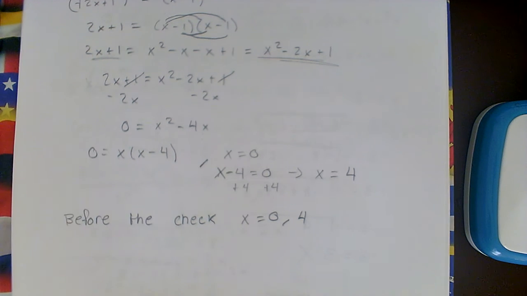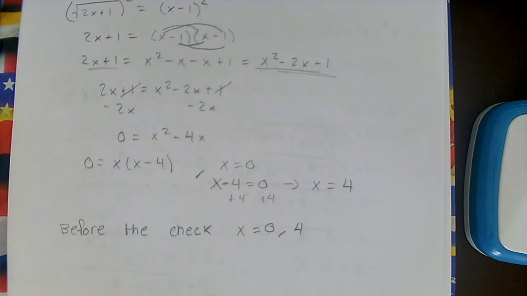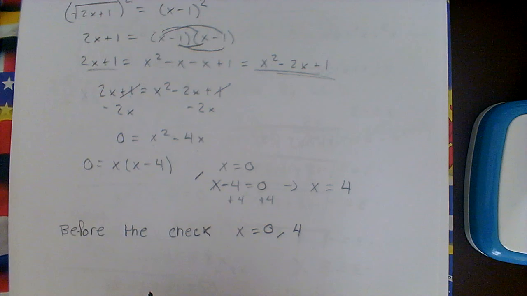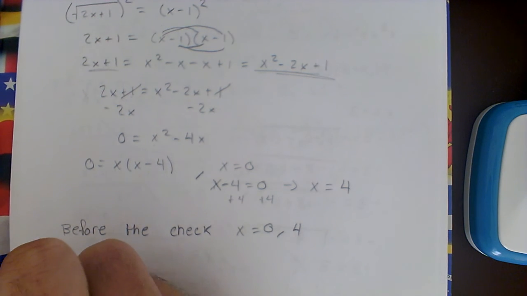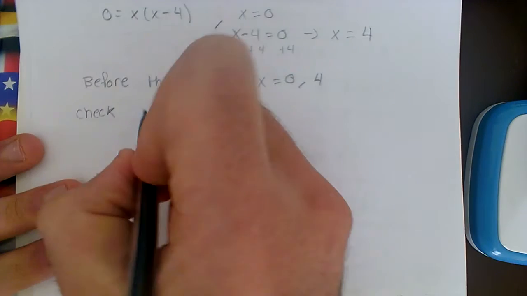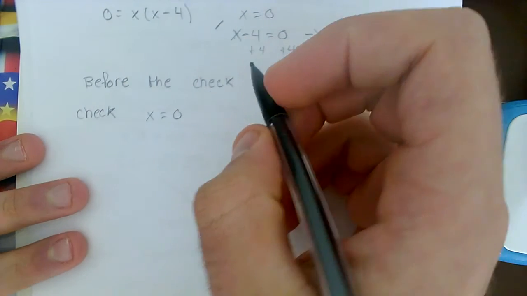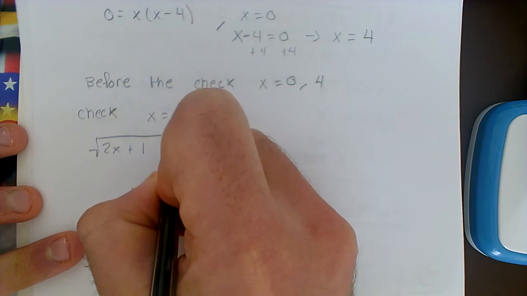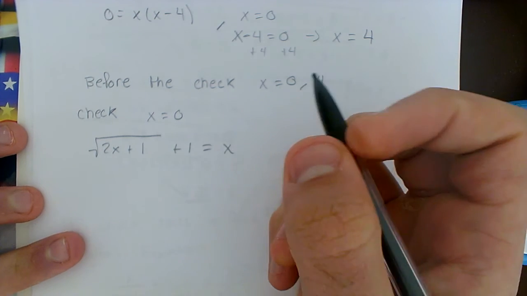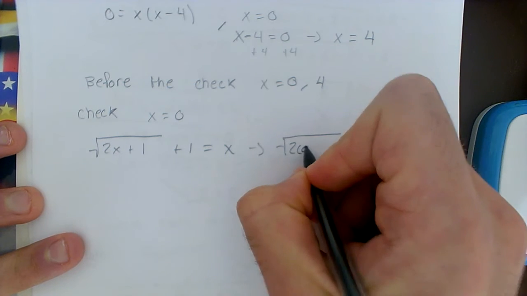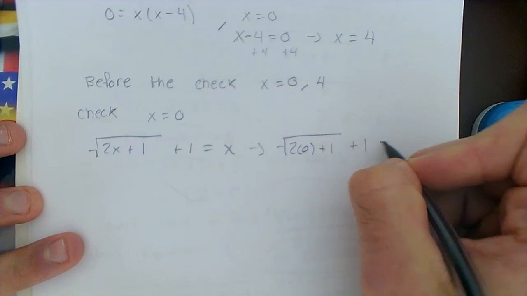Now we have to check them to see if they would actually work in our original equation, to make sure they are not extraneous solutions. So let's check x equals 0, and let me rewrite that original equation down here: the square root of 2x plus 1, plus 1, equals x. If I plug in 0, you get the square root of 2 times 0 plus 1, plus 1, equals 0.